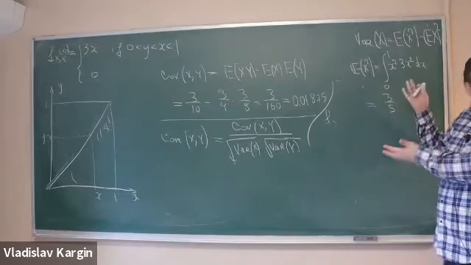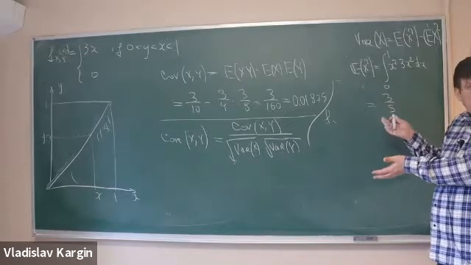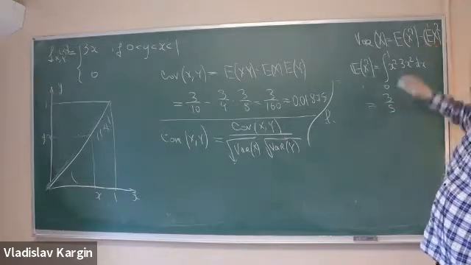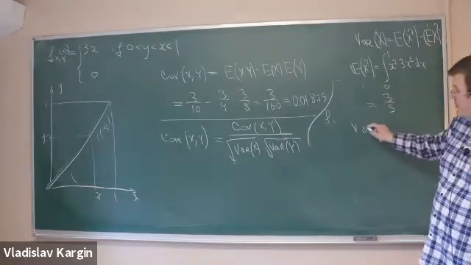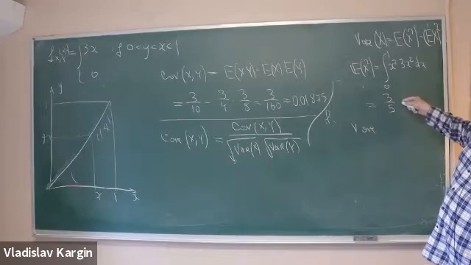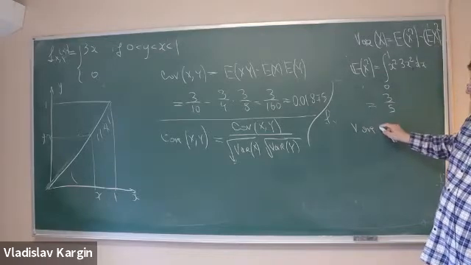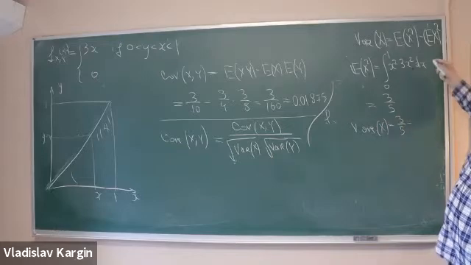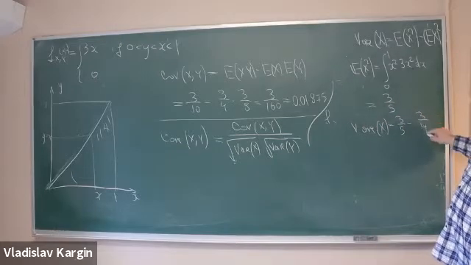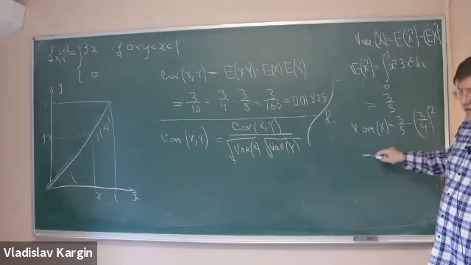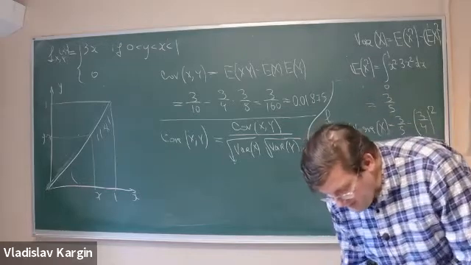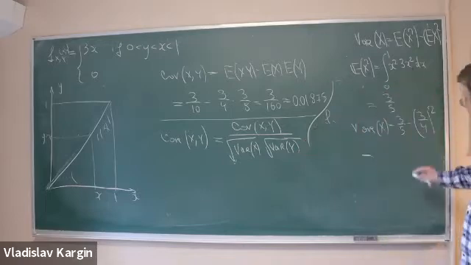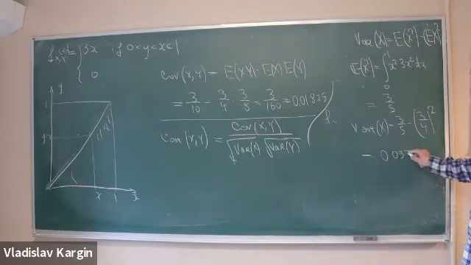It's clear how to do it, so maybe I will not do it. We are already very close, because you already know this is 3/5, so the variance of X in this case is equal to 3/5 minus 3/4 squared. So it's equal to 0.375.